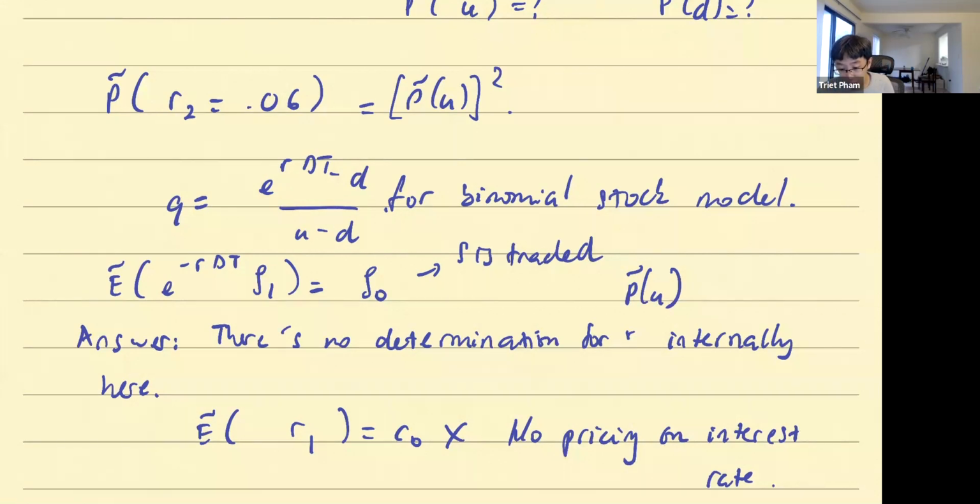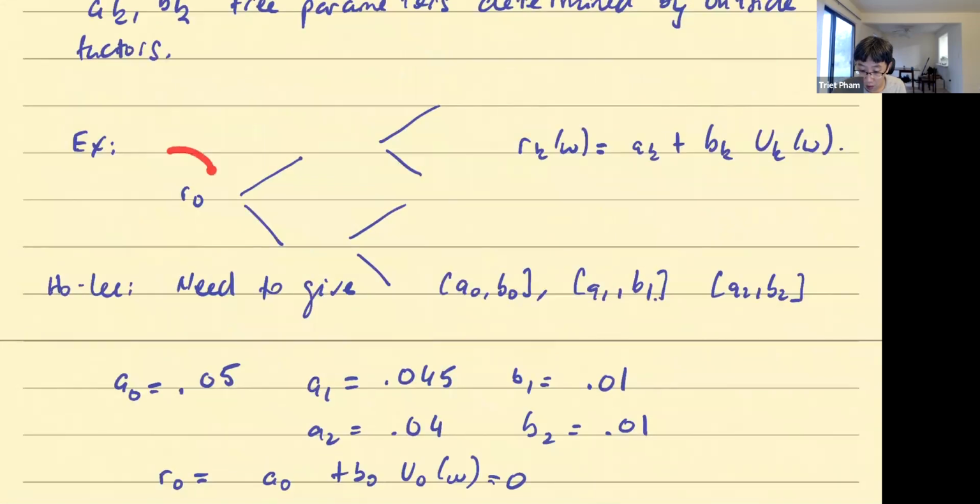Therefore, remember one of the consequences of having a derivative on a non-tradable product is that the price is not uniquely determined, because you don't know what Q is. Exactly the same thing here. So Q has to be given exogenously somewhere else. If you have a stock model together with this, then you may be able to decide the interest rate. But if you have the interest rate tree by itself, then there's no God-given rule that says this must be Q. So Q is not unique.